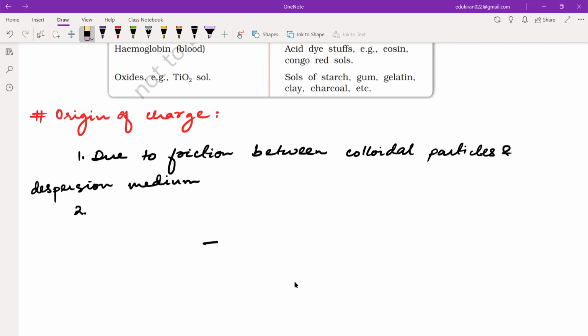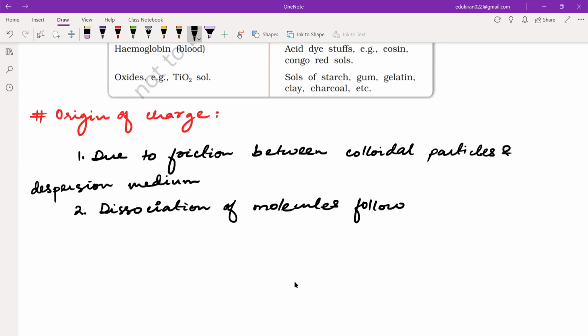Let me write the reason first: dissociation of molecules, which is followed by aggregation. After dissociation we will have ions, and those ions will get aggregated. Aggregation of ions.